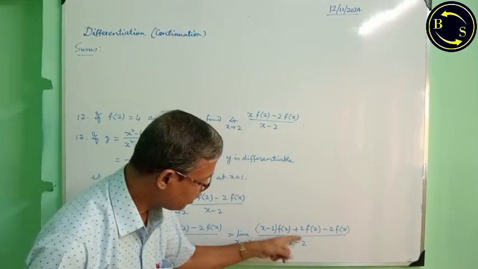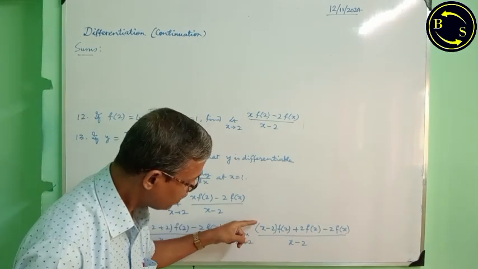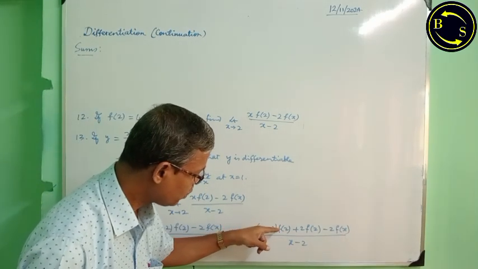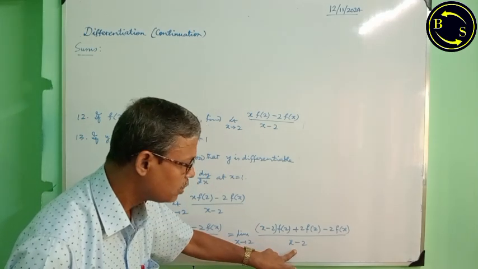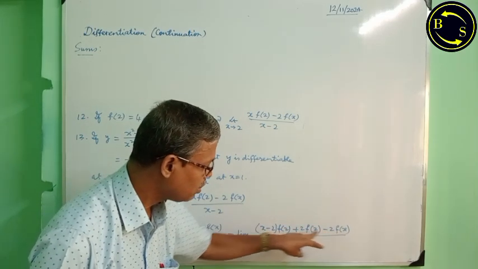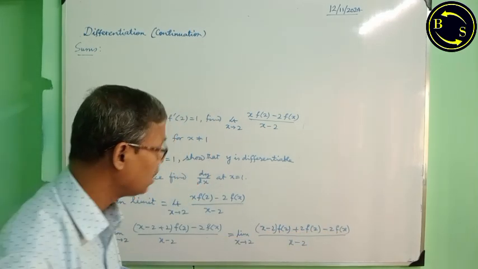Now I take this part, (x minus 2) into f(2) divided by x minus 2 first, then taking minus 2 common factor.